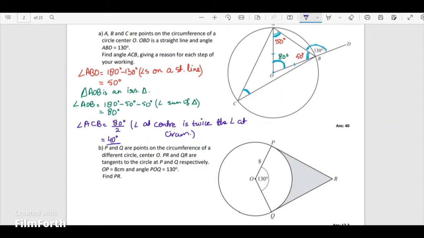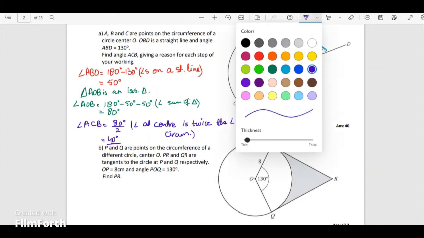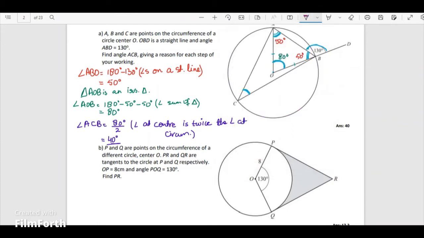Find PR. So PR length is what we need to figure out here. This length right here. By the way, if PR is a tangent and QR as well, we could be making this tangent kite here.